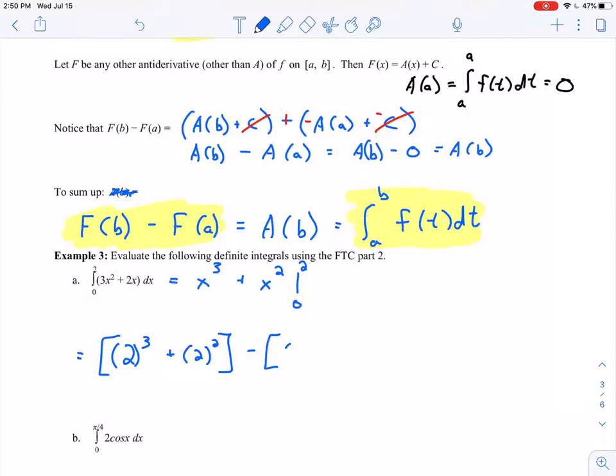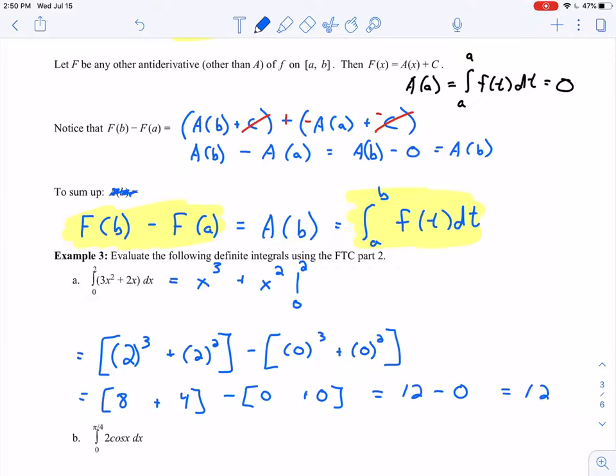Now I'm going to plug in my lower limit of integration: 0 to the third plus 0 squared. So I have 8 plus 4 minus 0 plus 0. So I end up with 12 minus 0. My definite integral here has a value of 12.